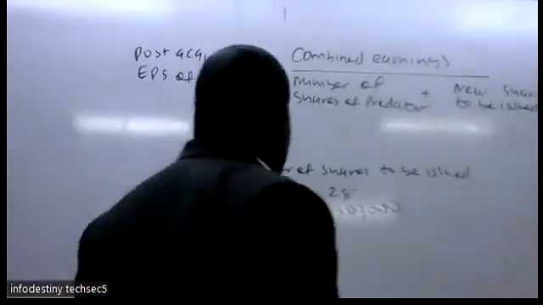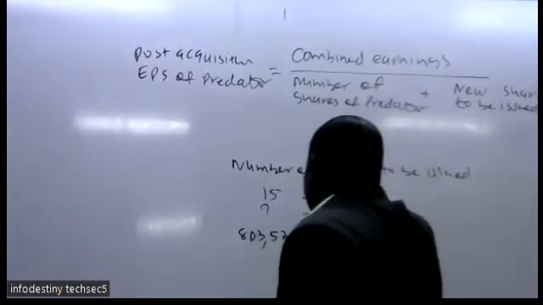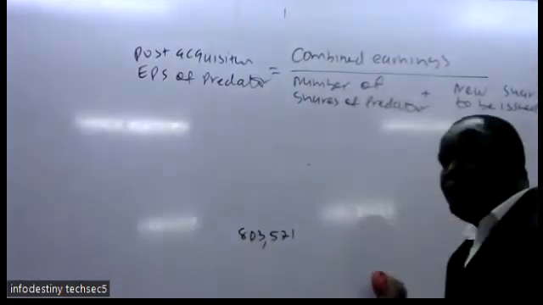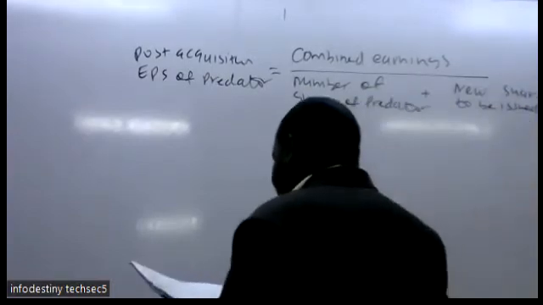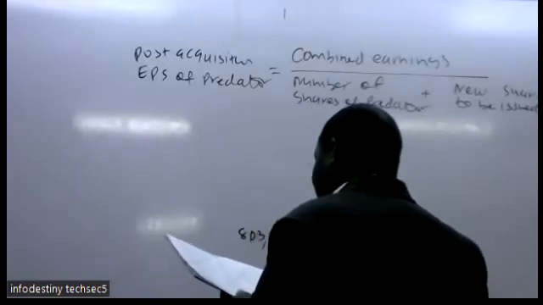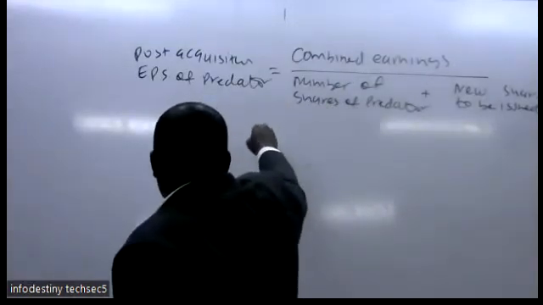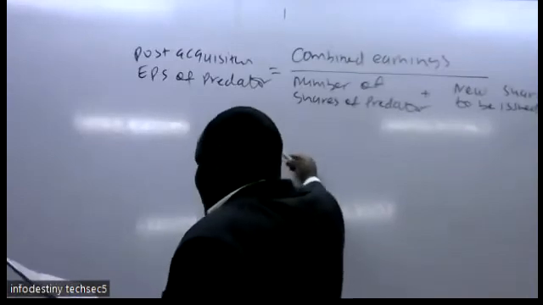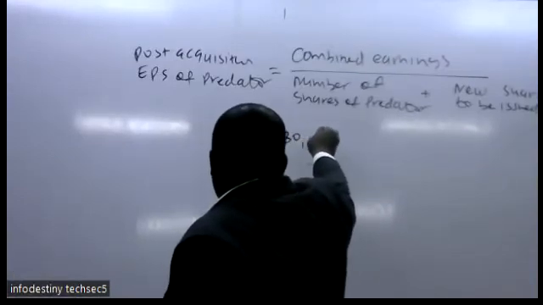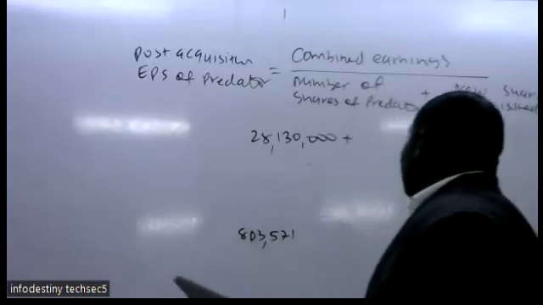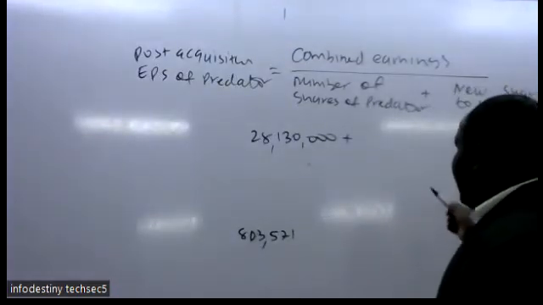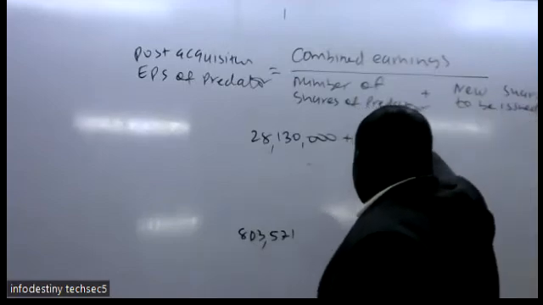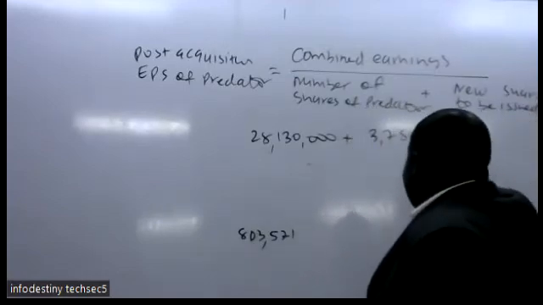So combined earnings, we already have it. The combined earnings is the profit after tax. Profit after tax, there is 28,130,000. We write them in full. Then the one for the trigger is 3,750,000.